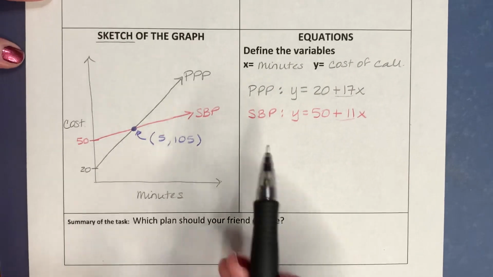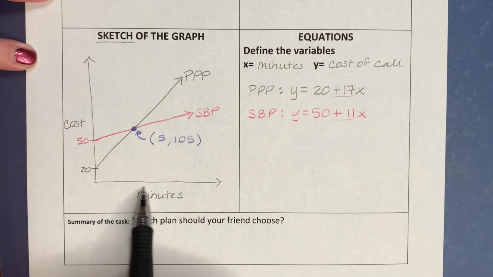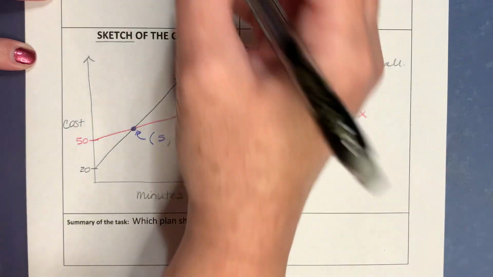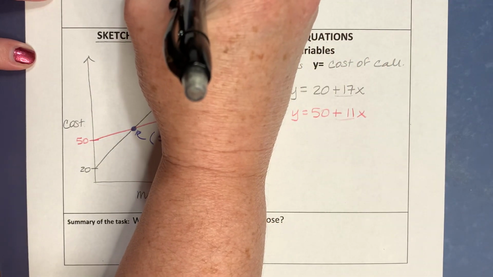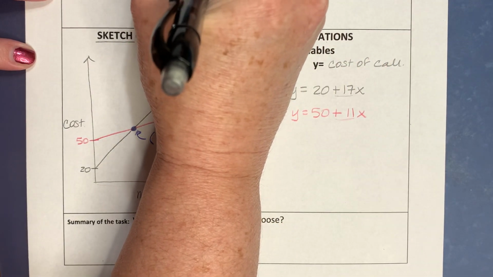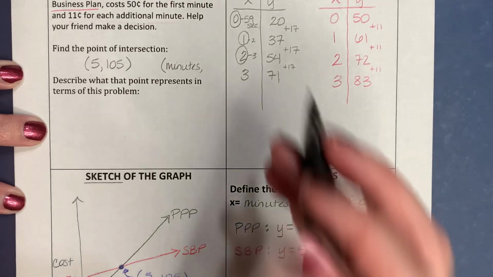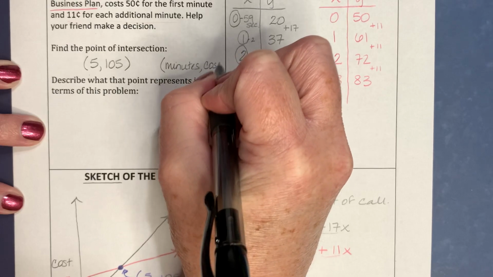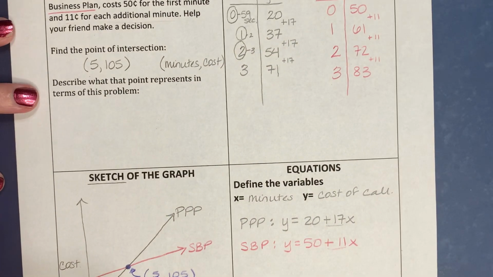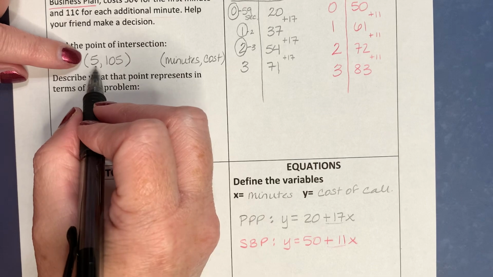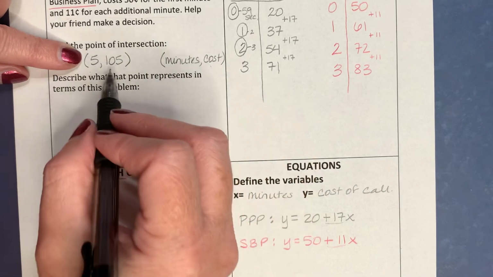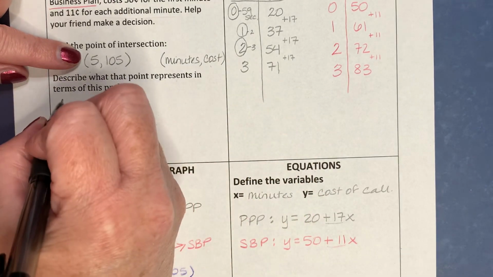So in context again, what is it that we know? Well, X was what? Minutes. So this was minutes. And my Y value was cost. So we know minutes and cost. So what do we know? 5 minutes cost us 105 cents.